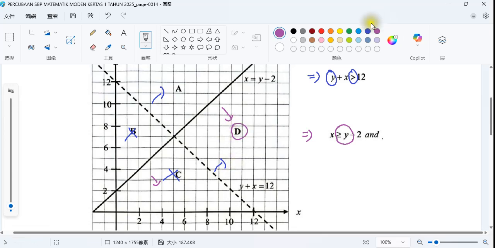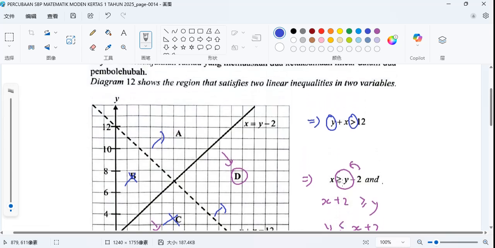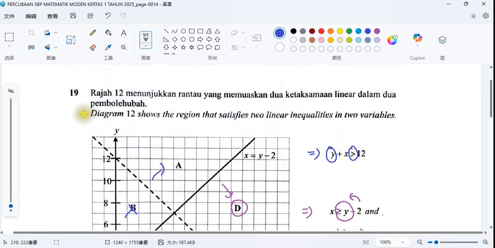So the answer is D. This is because we rewrite this, we have y less than or equal to x plus 2. So for inequality, we have to look at the y part. Make sure you look at the y part. So this is Form 4, Chapter 6.